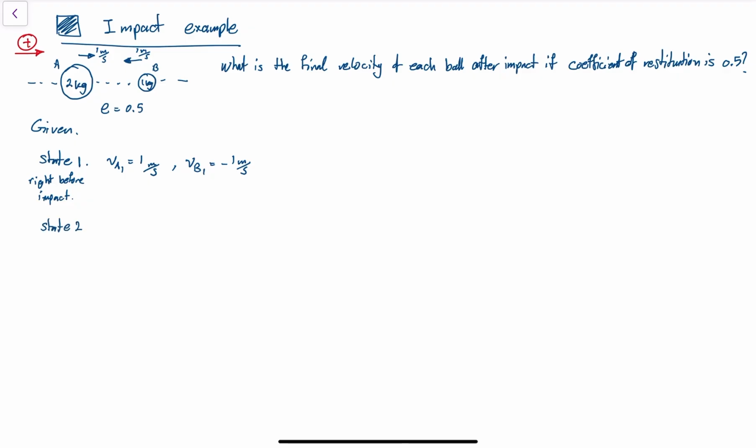State 2, which is right after impact ends, VA2 is unknown, VB2 is unknown, which coincidentally is what the problem is asking.